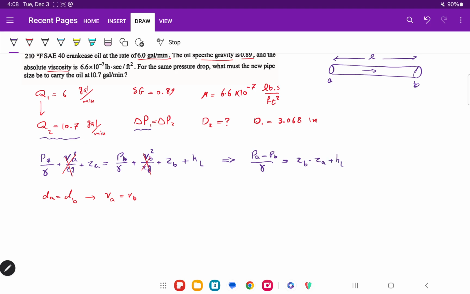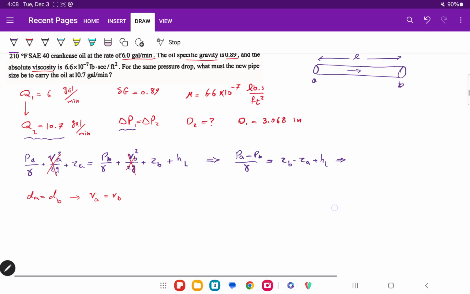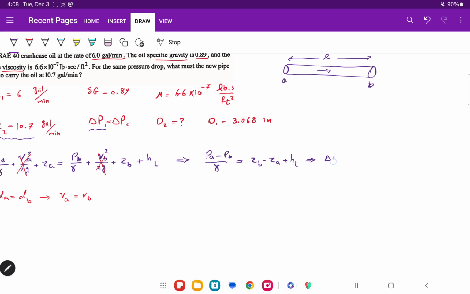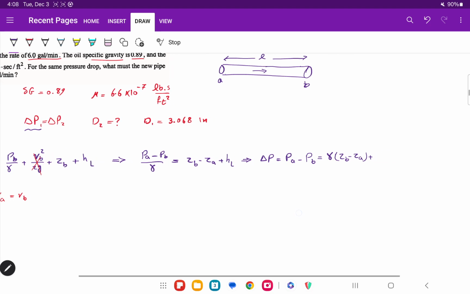So if you multiply both sides by gamma, delta P equals PA minus PB equals gamma times ZB minus ZA plus gamma times HL. As you know, this is F L over D times V square over 2G.